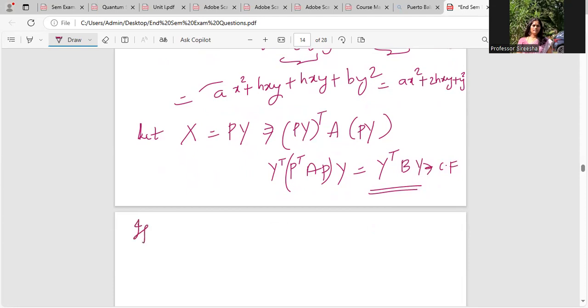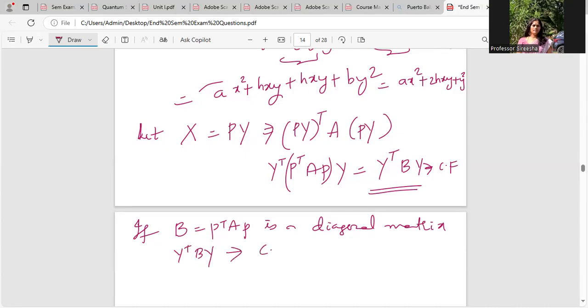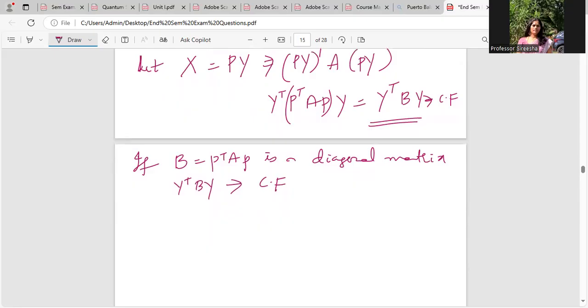If capital B, that is equal to P transpose AP, is a diagonal matrix, then we call Y transpose BY canonical form, right? So what I should do? I should find such P transpose AP, for which I will just explain in a problem.